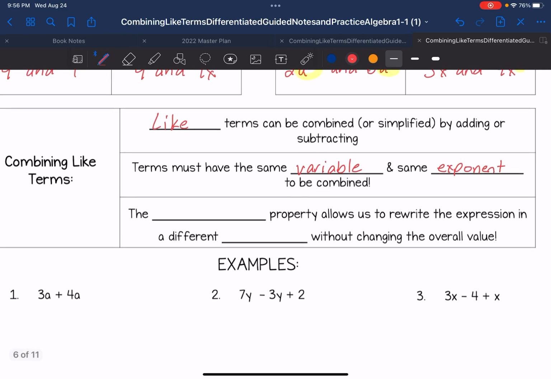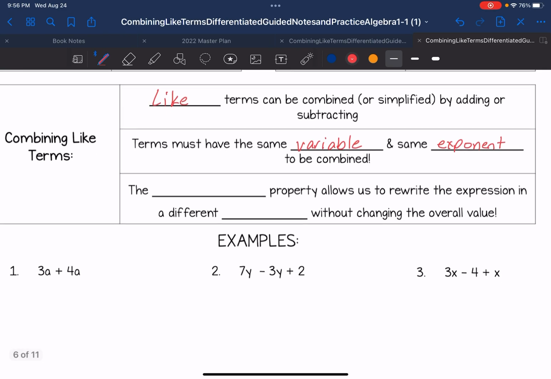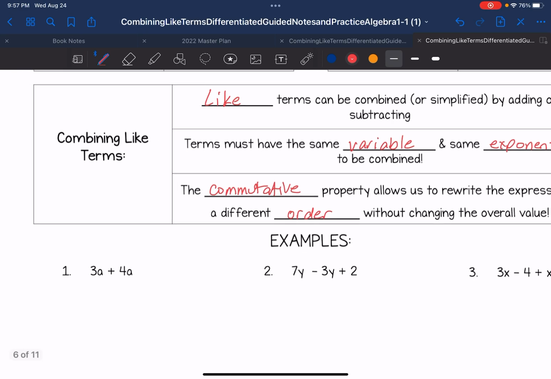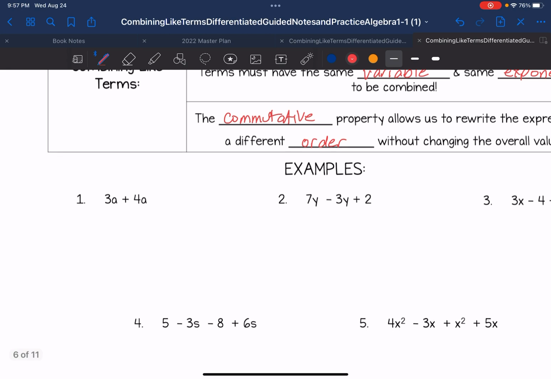And then we use what's called the commutative property, which allows us to rewrite the expression in a different order without changing the overall value, okay? So you'll see what I mean by this here in a little bit. Let's do a couple examples, okay?